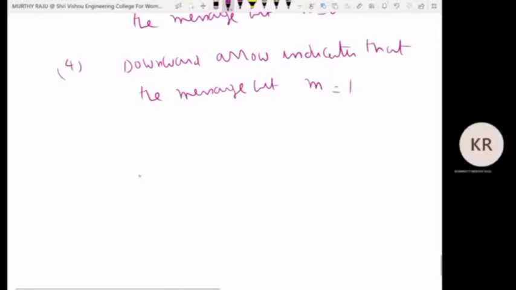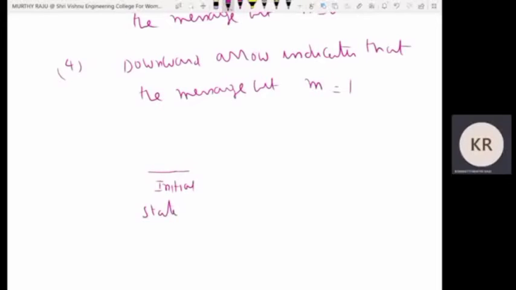This is the initial state. Two transitions are indicated from this initial state.